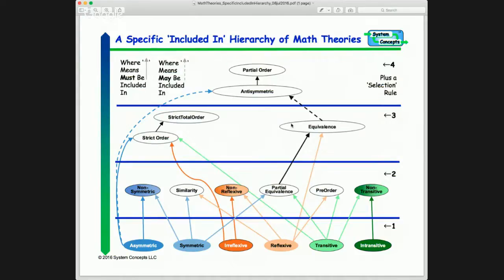This approach has some advantages because essentially it says nothing about the total set. When we get up to a partial order, it is a partially ordered set. And so when we get to that level, we say, okay, we have to have unique elements throughout the set.